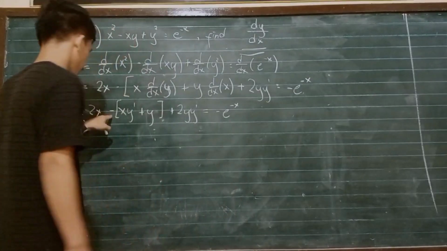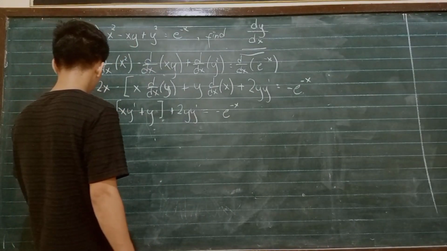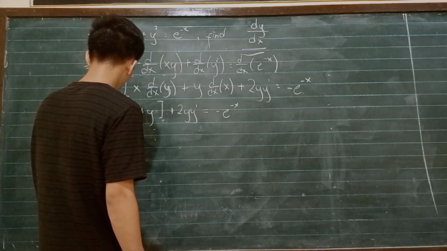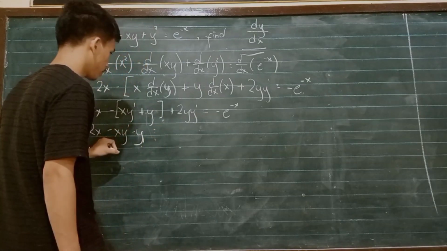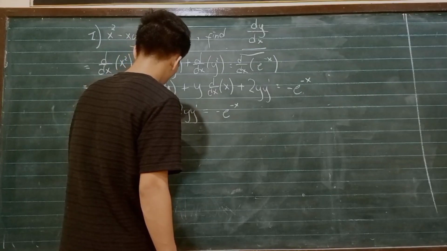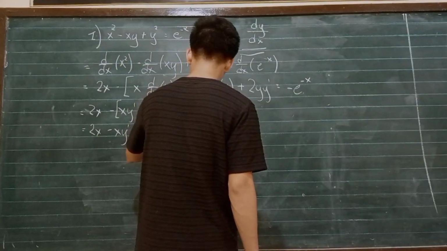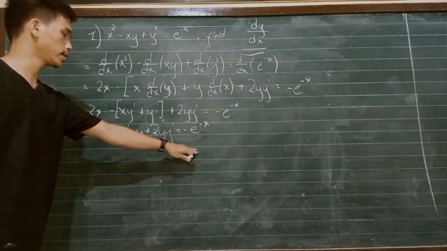Then, we'll distribute the negative sign. It should be 2x minus xy prime minus y plus 2y y prime is equal to negative e raised to negative x.